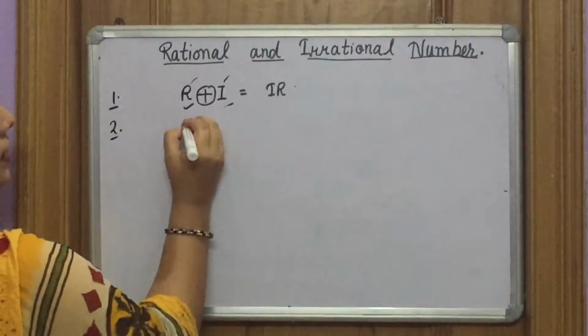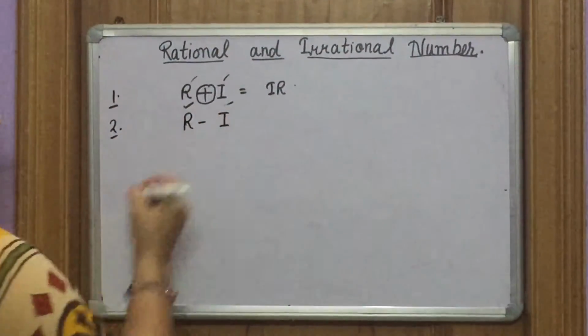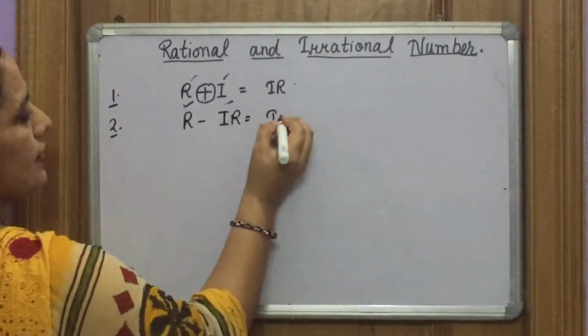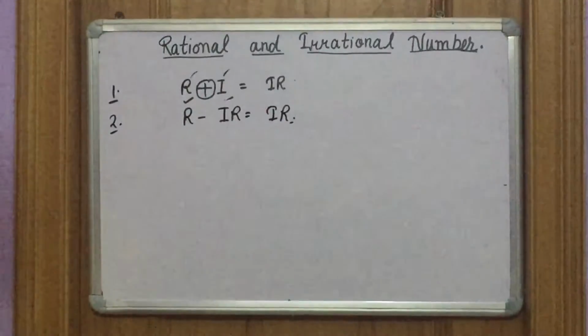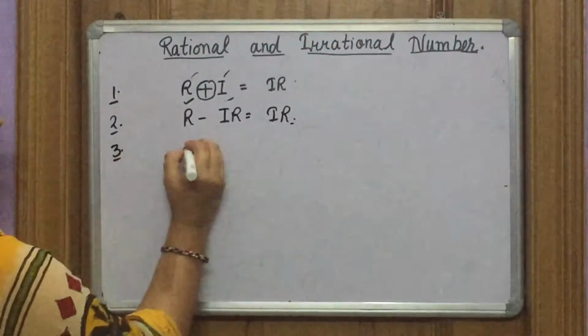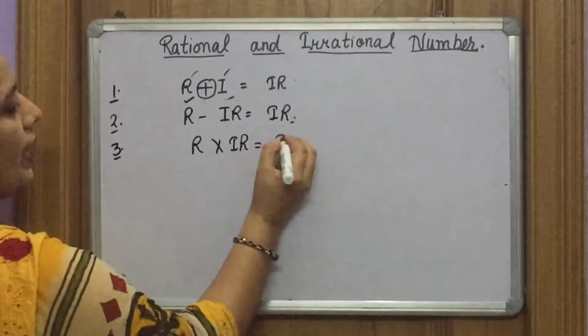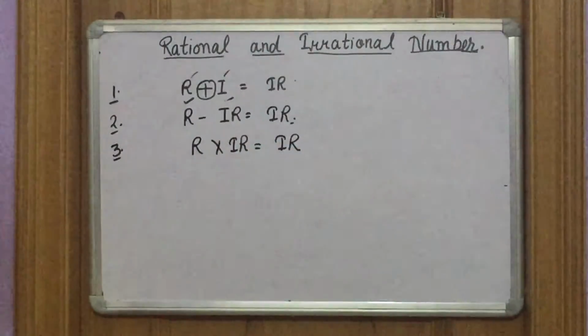Second condition is, if we subtract a rational and irrational, then the final answer is also irrational. Similarly, if we multiply a rational and irrational, the final answer will be irrational.